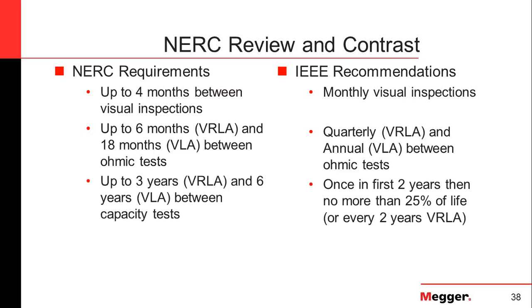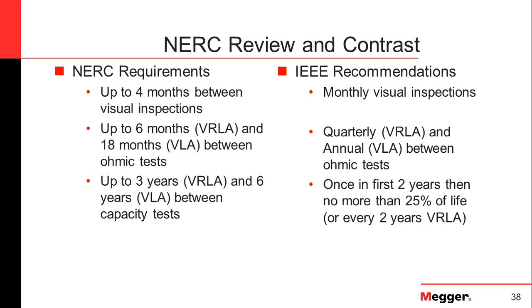Your NERC requirements for capacity, if you opt to do that instead of the ohmic tests, you're looking at 3 years for VRLA and 6 years for vented lead acid, whereas IEEE recommends you do a performance test once in the first 2 years, and then you don't exceed 25% of the life.